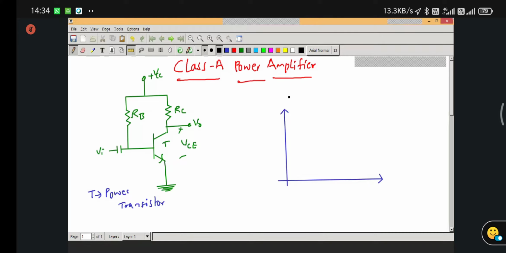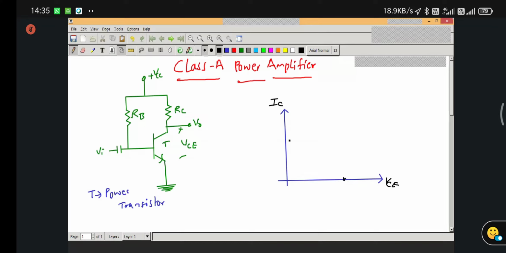On the x-axis, we are going to take the collector current IC, and on the y-axis, we are going to take the output voltage VCE. We make the IC value 0 and find the output voltage VCC, and keep this point here.